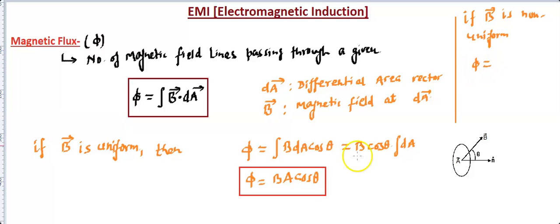We cannot use the previous formula for that. It's going to be integration B dot dA, and if it is non-uniform, that will be given to you, and you can go for this integration the way we did in electrostatics. So you'll get the flux from there. Makes sense? So that's the basic definition of flux, and its two cases, uniform and non-uniform.